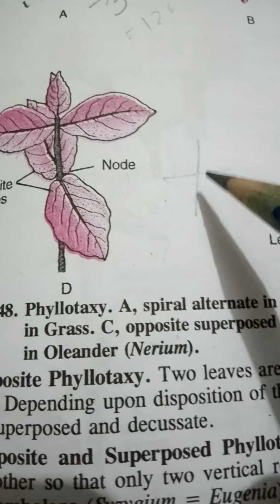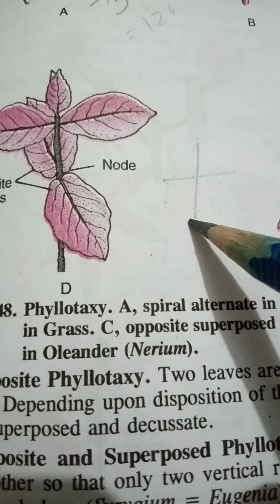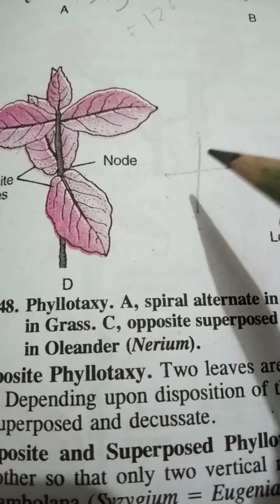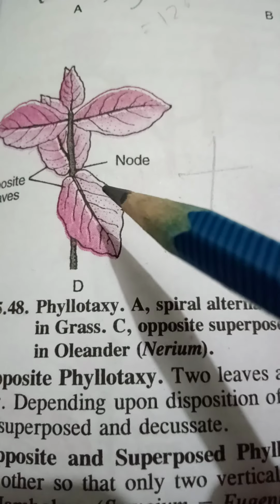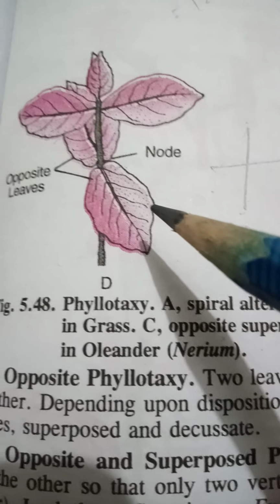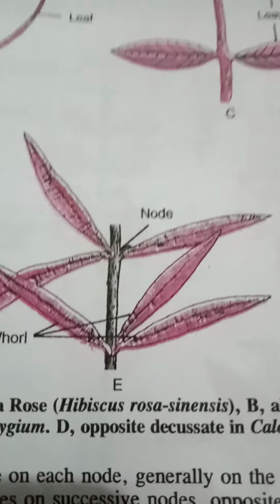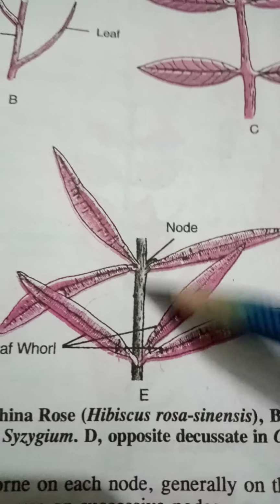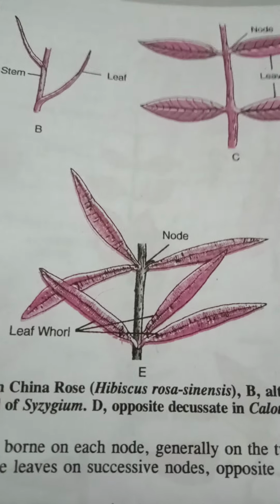Okay, so that means if these two leaves are forming 2 rows, definitely these two are at right angles to each other, so these are also forming 2 rows. So this is a tetrastichous condition. Okay, this is observed in case of Ocimum sanctum, that means our tulsi plant. And the last one is the whorled phyllotaxy. So in this type, 3 or more than 3 leaves are arranged at each node. So that's why this is known as whorled type.